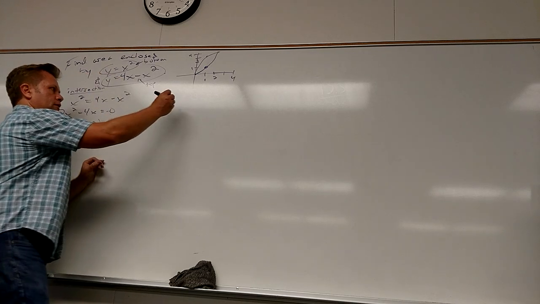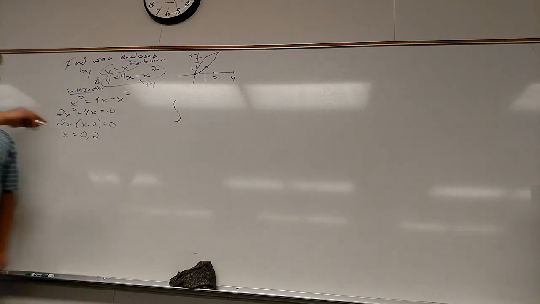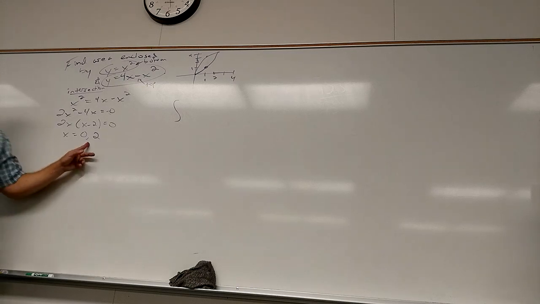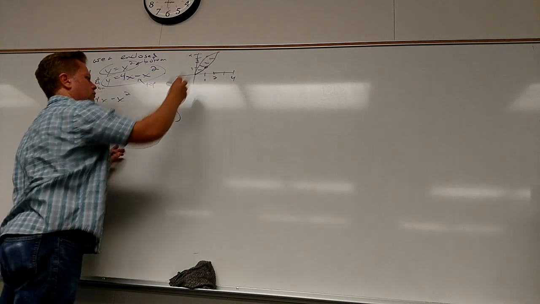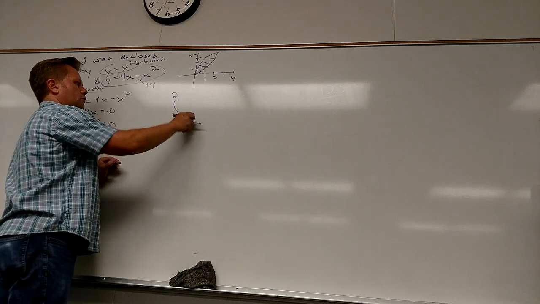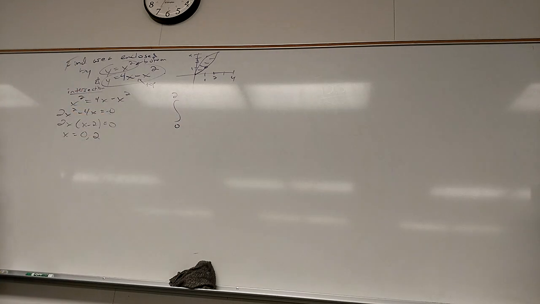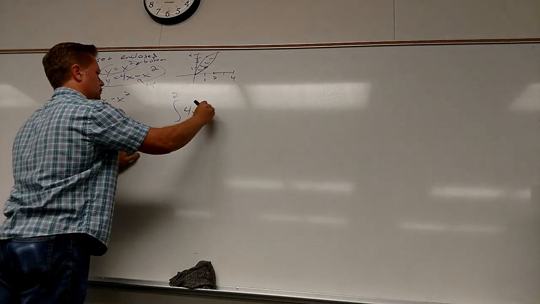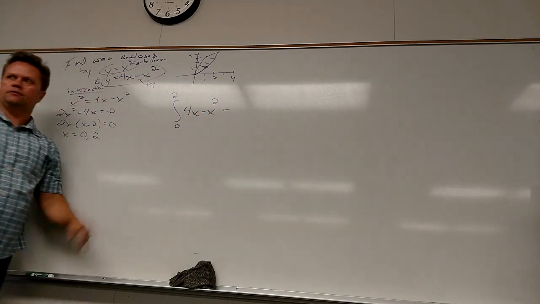So how do I set up this integral? It would be from what to what? 0 to 2, because that's the area that's enclosed. Who goes first? This guy. He's on top, so he's first, so that when I subtract, I actually get a positive answer.